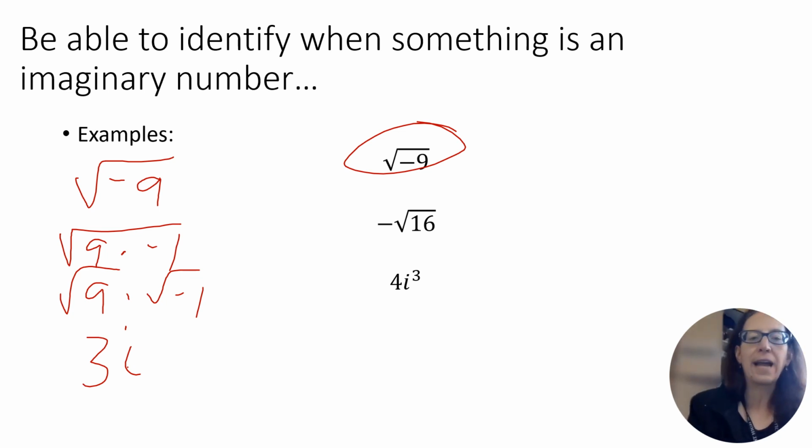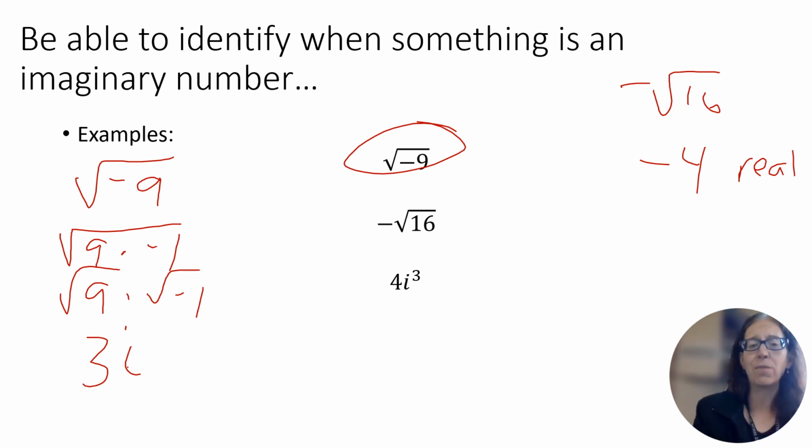What that's driving at is, does the placement of that negative matter? Well, yes, because the square root of 16 is 4, so negative the square root of 16 is -4, which is definitely real. We can find that on the number line. So you would not circle negative the square root of 16.